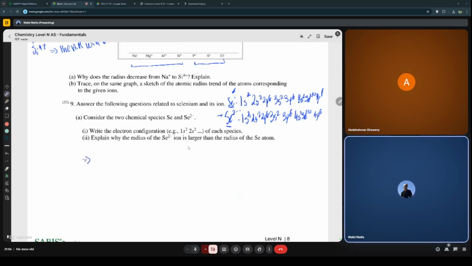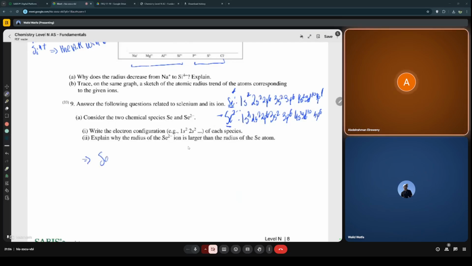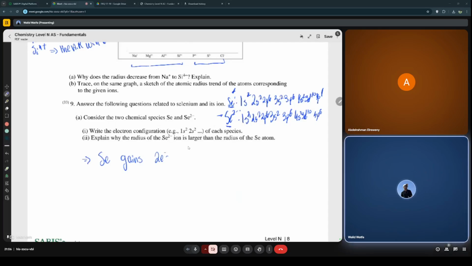So what do I write? Se gains 2 electrons to become Se2-. This causes the outer 4p shell to be fully occupied with double bonded electrons.